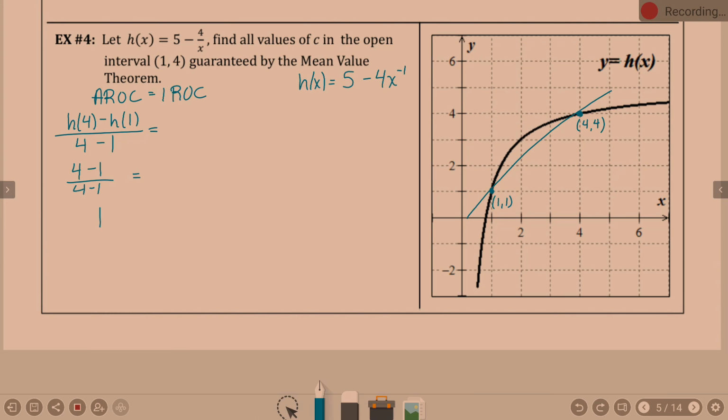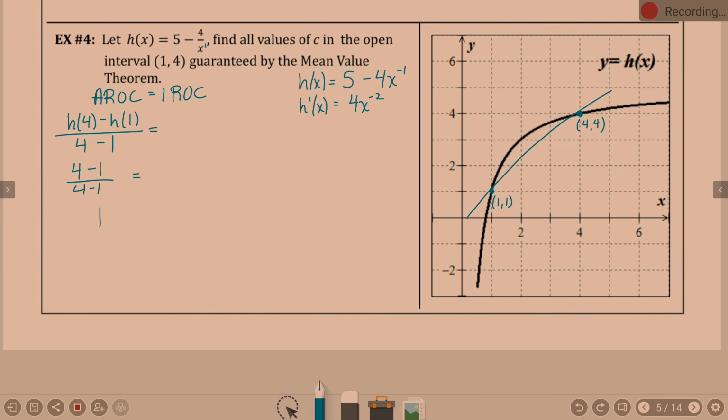Because when there's an x in the denominator, to get that out of the denominator, we use a negative exponent to bring it up, right? Okay, so what's my derivative? 4x to the negative 2. Are you with me? Yes.